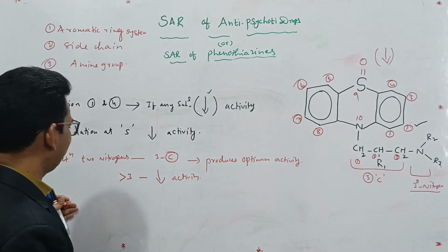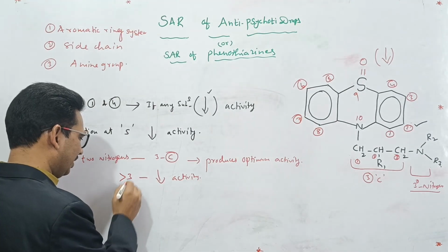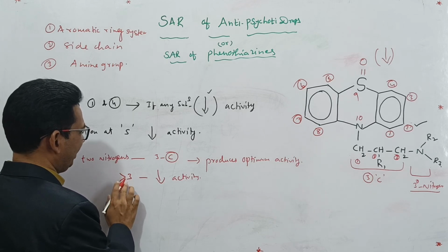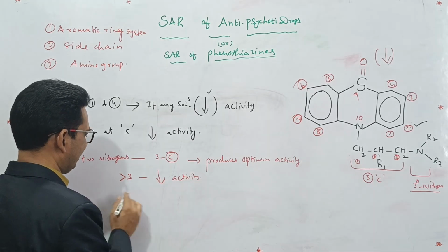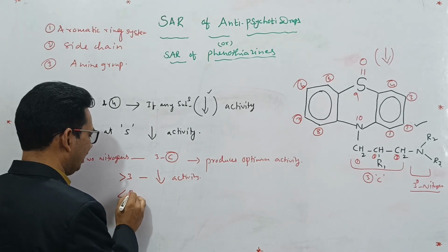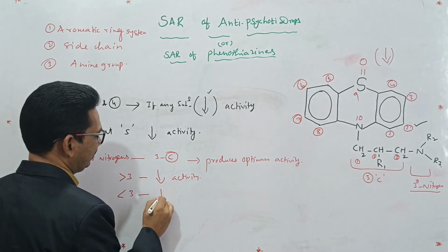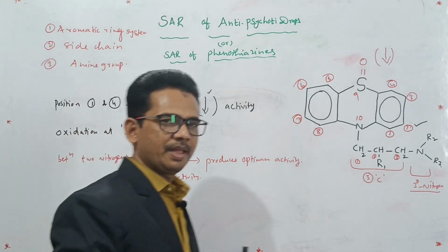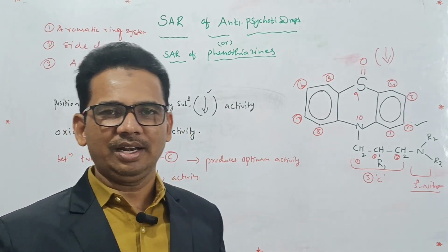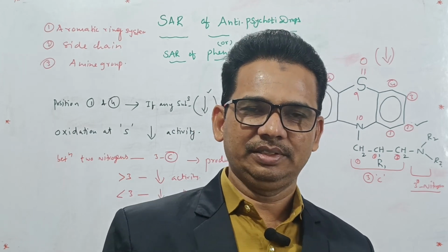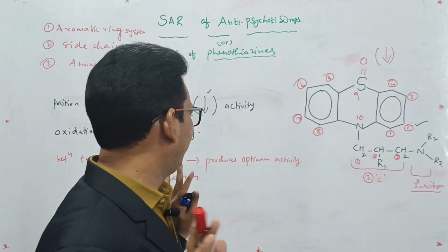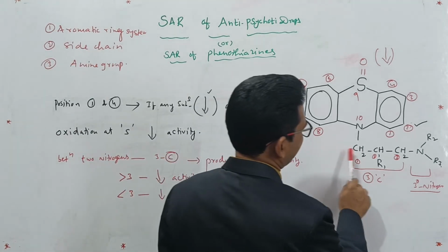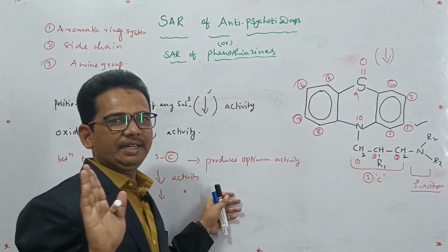And another thing is that if less than 3 or more than 3, it decreases the activity. Even less than 3 also is going to decrease the activity. In case of both, not more than 3 carbons, not less than 3 carbons, this is what they observed in all phenothiazines. That's why for producing optimum activity, how many carbons should be there? 3 carbons.